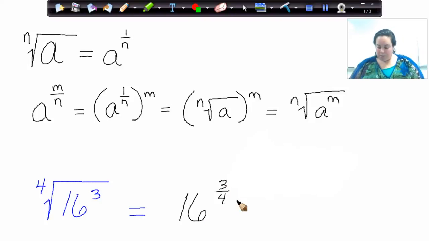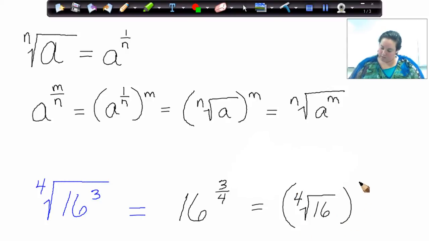And you still may not be able to do that in your head, but you can type this in very easily on a calculator. And this is also the same thing as the 4th root of 16 and then cubed. All right, so these are all the same thing. This would be the way that I would recommend typing it on the calculator.